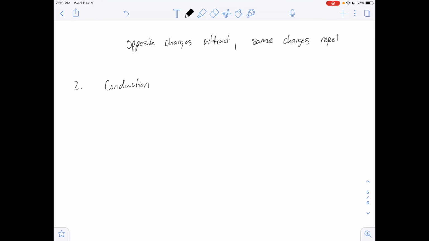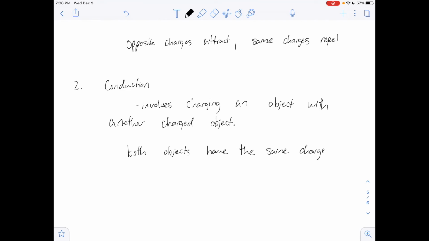So all you had to do to charge the doorknob is touch it. So conduction involves charging an object with another charged object. And the result here is that both objects will have the same charge. So if you're positively charged and you touch another object, for example the doorknob, it gets the same charge that you have.